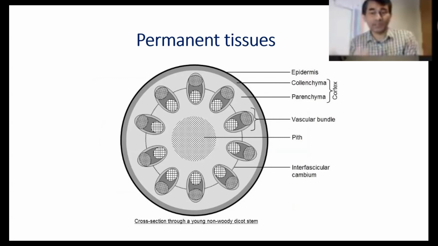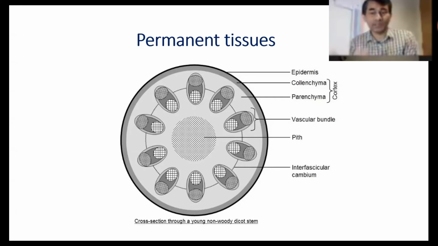Then there is a collenchymal layer inside the epidermis, parenchyma occupying all of the inside beneath the collenchyma. And these two layers, collenchyma and parenchyma, are together called cortex.